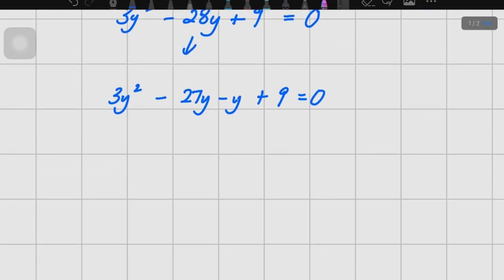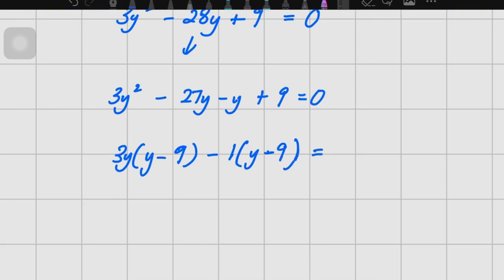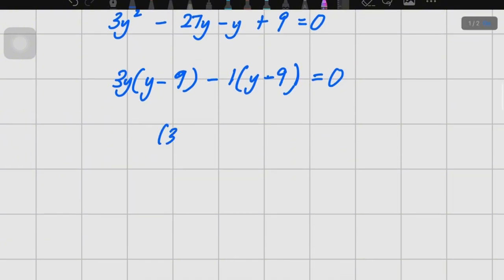And then we factorize again by grouping like this. So it becomes 3y times y minus 9 minus 1 times y minus 9 equals to 0. So we have factorized it, then it will become 3y minus 1 times y minus 9 equals to 0.